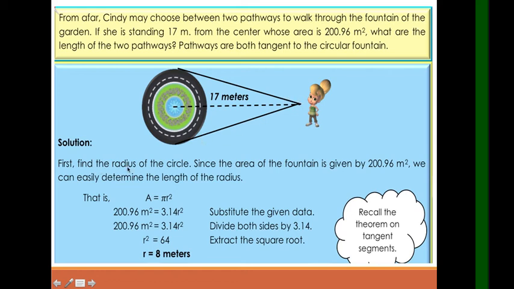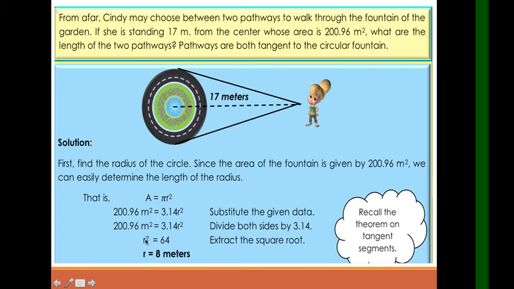First, find the radius of the circle. Since the area of the fountain is given by 200.96 square meters, we can easily determine the length of the radius by using the formula for the area of a circle. A equals pi r squared, and 200.96 equals 3.14 r squared. Divide both sides by 3.14, the answer is 64.